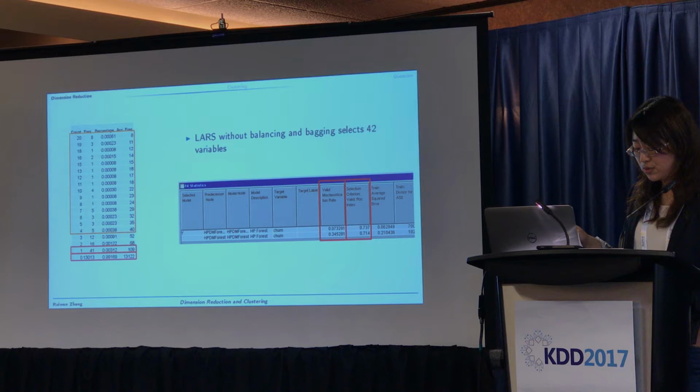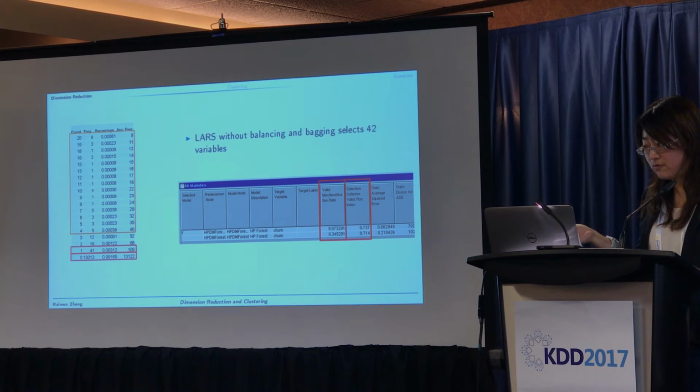And that number was chosen because if we train our LARS directly on the imbalanced data, LARS will pick the best subset as 42 variables, which is slightly larger than 40.